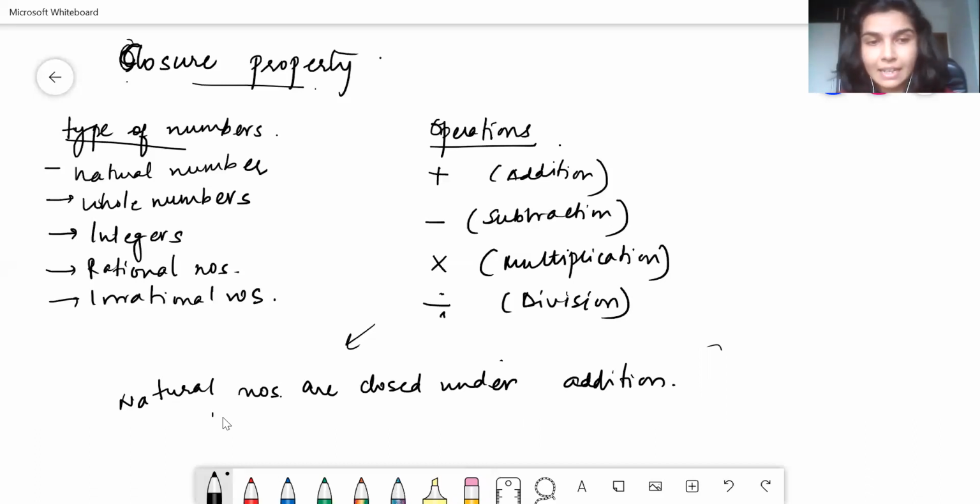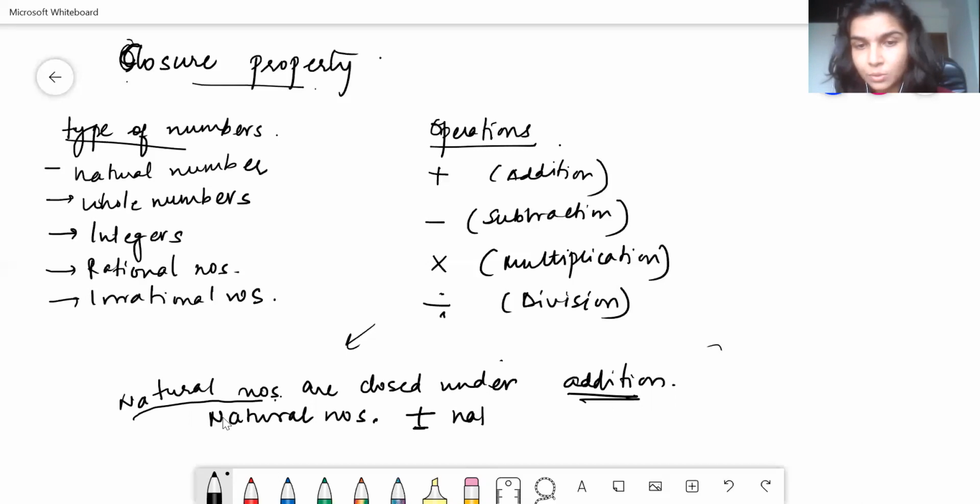So it means that it is universally true that whenever you are adding, what is the operation they're talking about? Addition. So that's why I've written addition. What type of number are they talking about? Natural numbers. So I'm going to add two natural numbers. Remember, always is a very important keyword here.